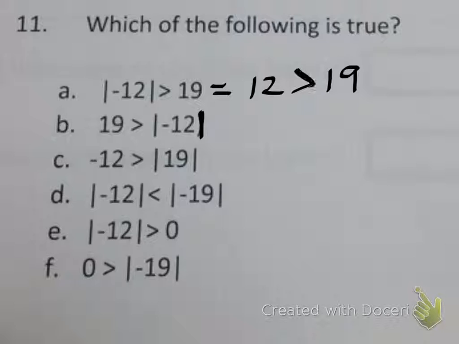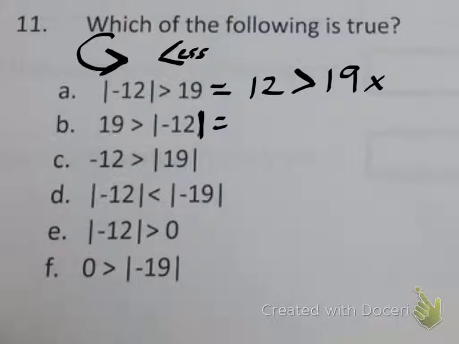So once again, think of it as a G as in greater than, and an L as in less than. So that's less than, this is greater than. So 12 is not greater than 19, so that one won't work.